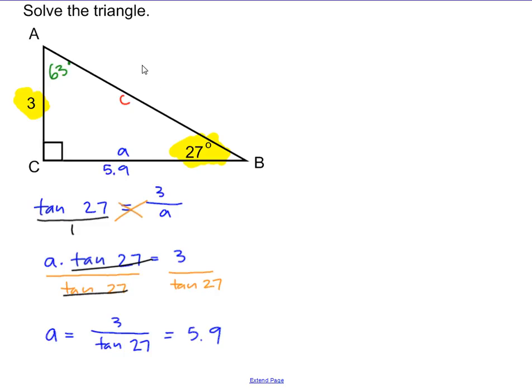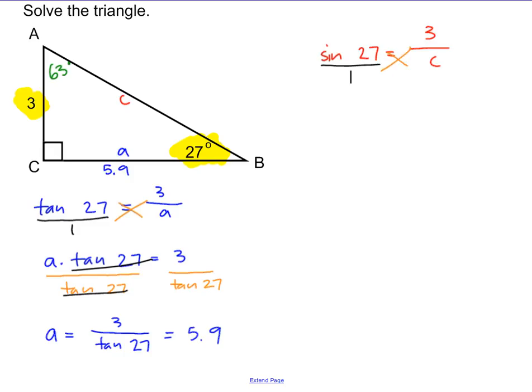The next thing that I need to find is side C. Again, I'm only using angle 27 degrees and this side of 3. So if I use this angle, this is opposite. I'm trying to find hypotenuse. That would be sine. So the sine of 27 equals opposite over hypotenuse. So again, we can turn this into a proportion and cross multiply.